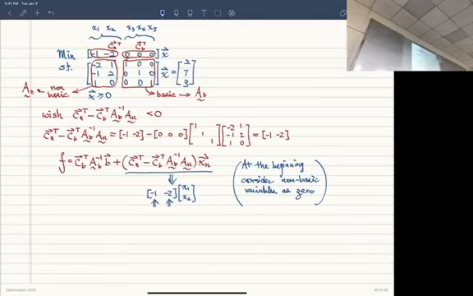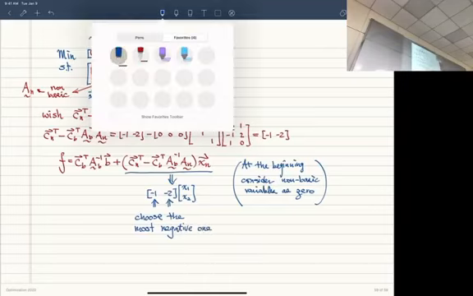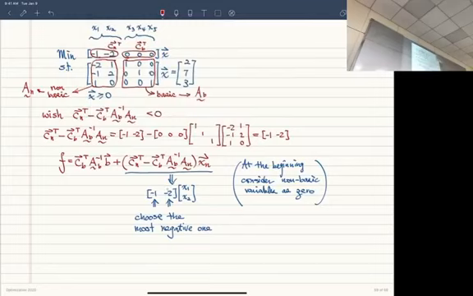So in this case, we will choose the most negative one. Okay, we will choose the most negative one. So in this case, -2 is the most negative one.